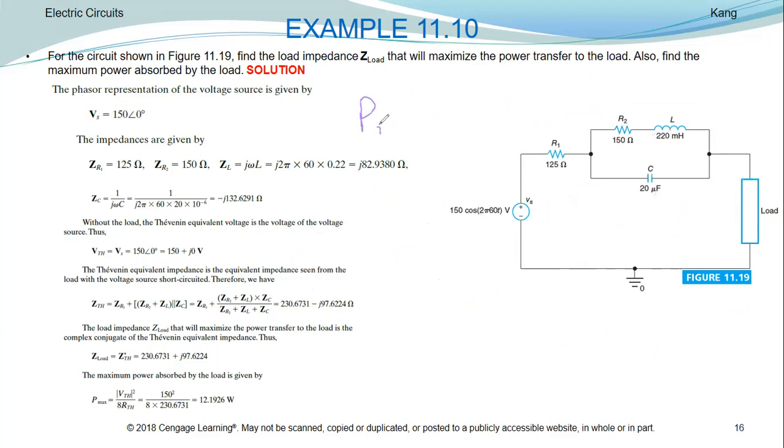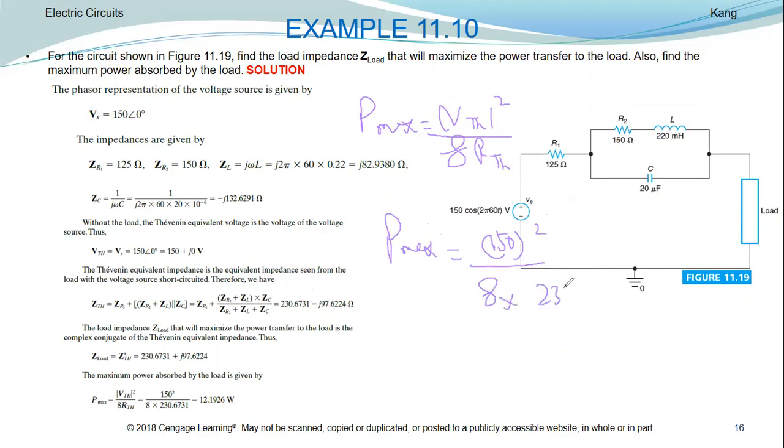So P max will be equal to V Thevenin squared divided by 8 R Thevenin. So P max will be equal to 150 squared divided by 8 multiplied by R Thevenin, which is 230.6731. So after the calculation, my P max for the system is 12.1926.